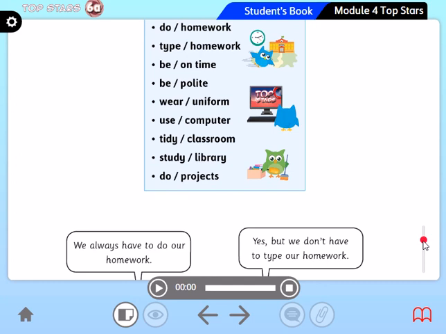We usually have to do our homework. Yes, but we don't have to type our homework. We can say also we always have to wear uniform. But we don't have to study at the library.